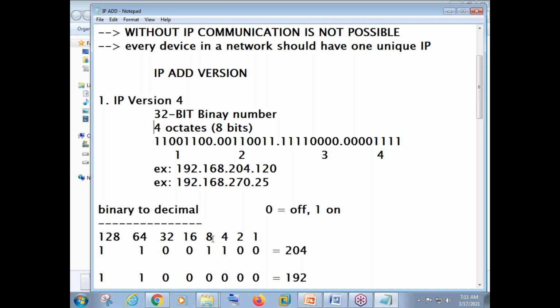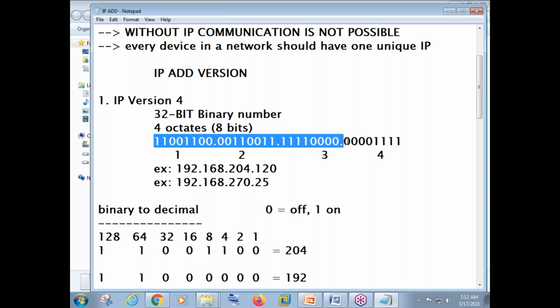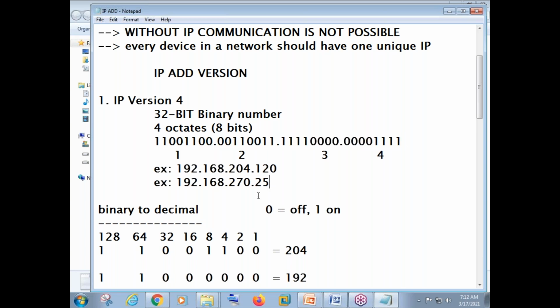Now in IP version 4, there are 32-bit binary numbers, and these 32 bits are divided into how many octets? 4 octets. An octet is a collection of 8 bits. So this is the first octet, then second octet, third octet and fourth octet. What is the major thing we learned yesterday?